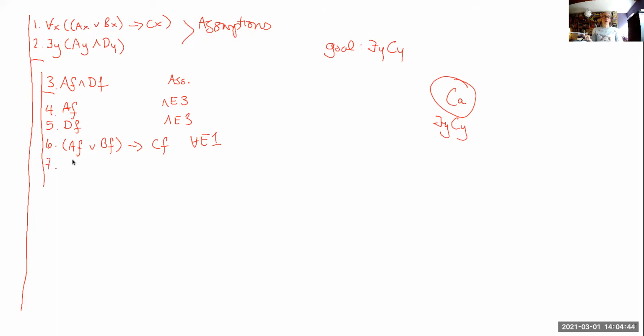And now at this point, we're basically just doing propositional logic. So from line 4, if we have AF, we know that we also have AF or BF through disjunction introduction. It's line 3. Line 4. And then between lines 6 and 7, we have a conditional and the conditional's antecedent. So let's get the consequent on line 8 through conditional elimination, 6 and 7.